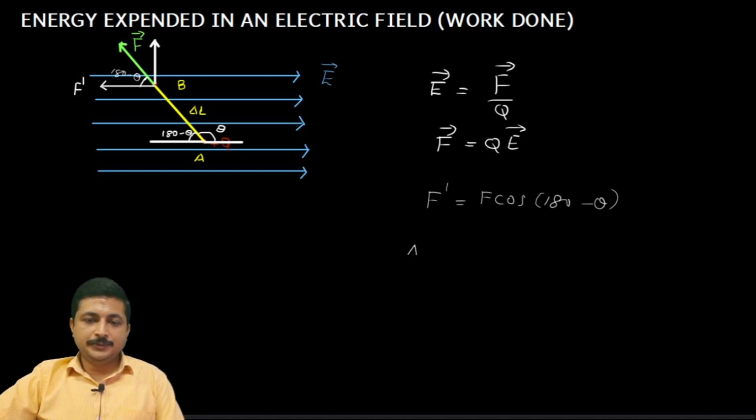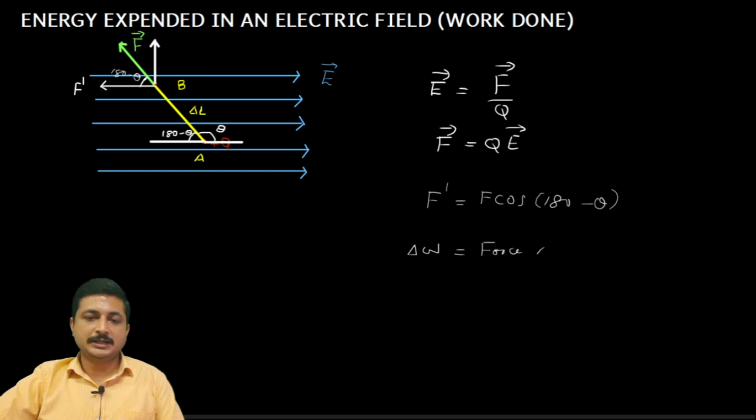Now the work done from physics is expressed as force into displacement. That is my work, right? Work done is force into displacement. We know that. So here, since I am considering this path to be very small, I also assume that the work done is very small.